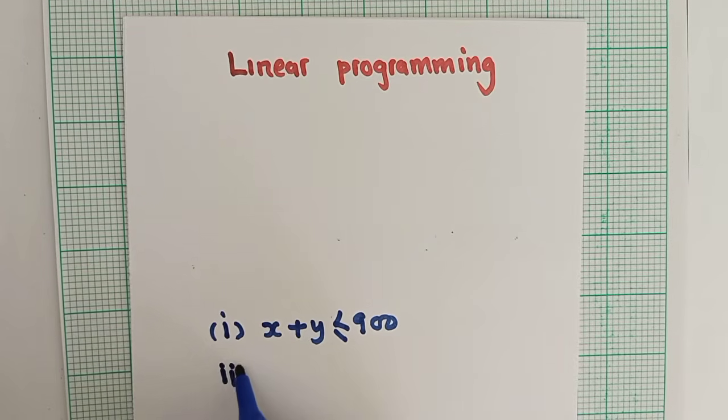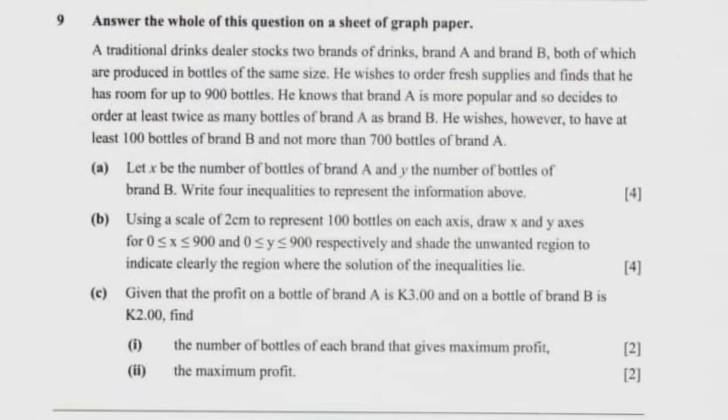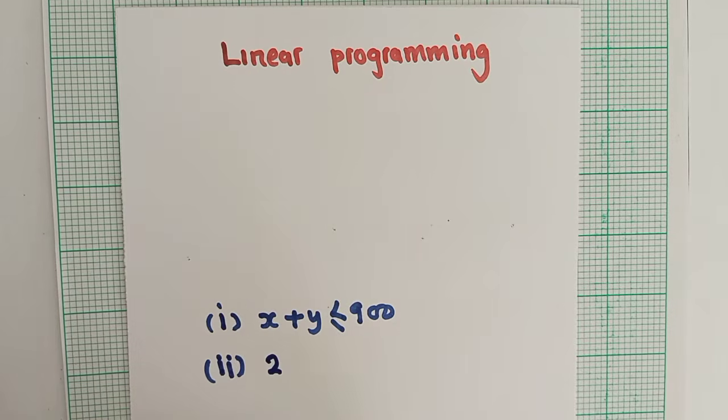We go to number two. Here, they're saying he knows that brand A is more popular and so decides to order at least twice as many bottles of brand A as brand B. Twice means two, so start with two before you figure out what you're supposed to put here.